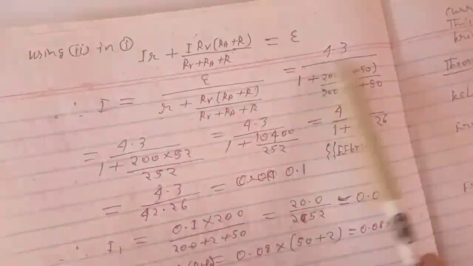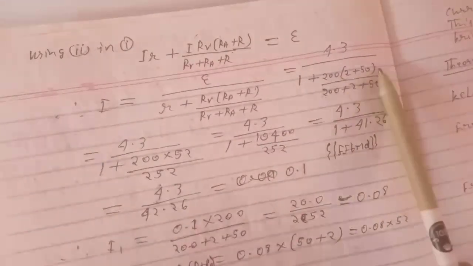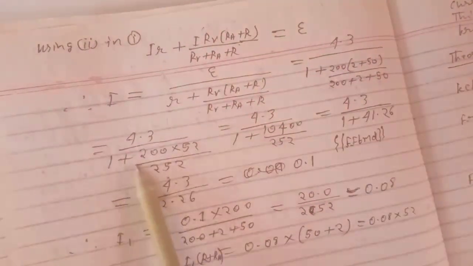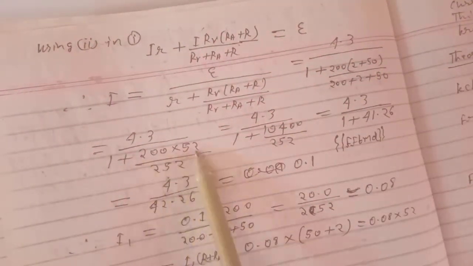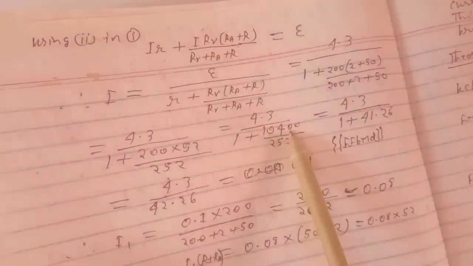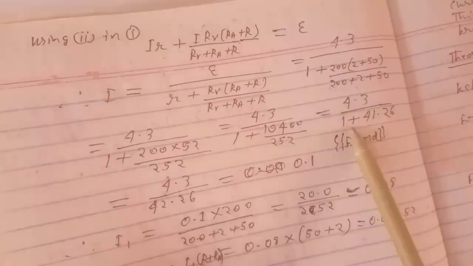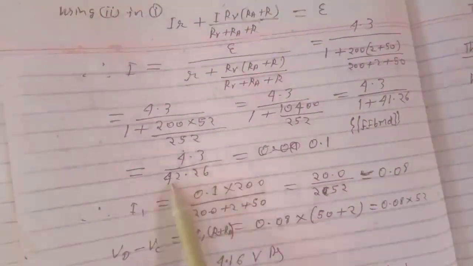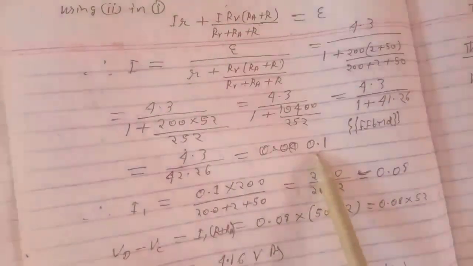Now all values are given, so we can calculate: 4.3 by 1 plus 200 into (2 plus 50) by (200 plus 2 plus 50), which is 4.3 by 1 plus 200 into 52 by 252, which is 1 plus 10,400 by 252, 4.3 by 1 plus 41.26, equal to 4.3 by 42.26, equal to 0.1.